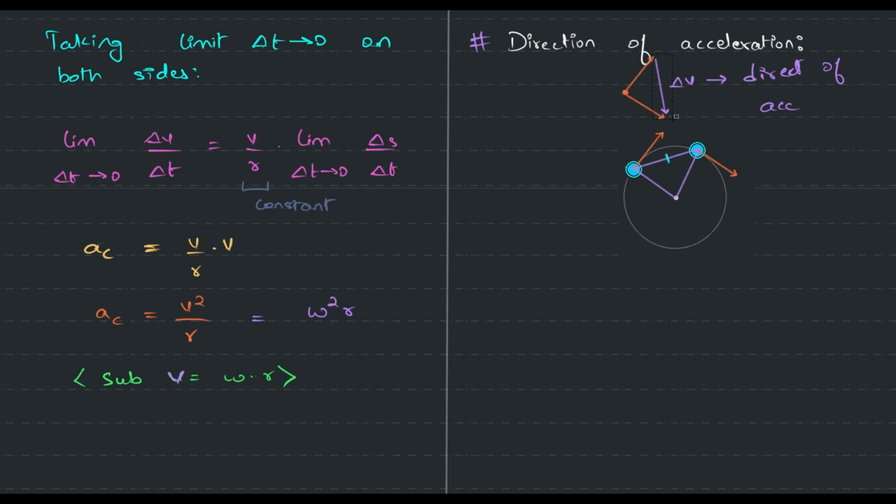If I copy this, technically if I've done the right diagram, it should be pointing towards the center. Can you see that? I didn't do any kind of manipulation. That's the funda. So the direction of acceleration is towards the center.